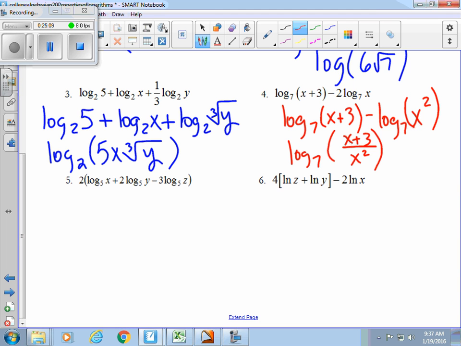Now, quick question. Every now and again I'll have someone who wants to take the negative 2 as a power up. Could you move the negative 2 up as a power and get x to the negative 2, and change it to a plus? Plus x to the negative 2? Would that be the same thing?